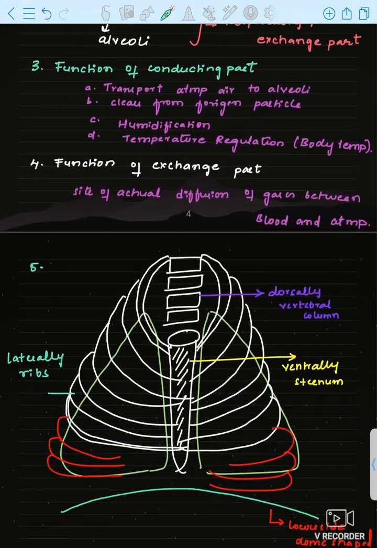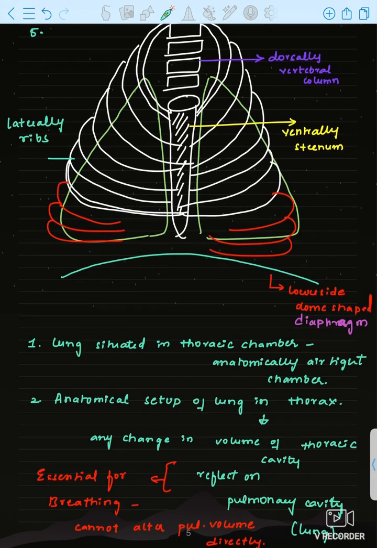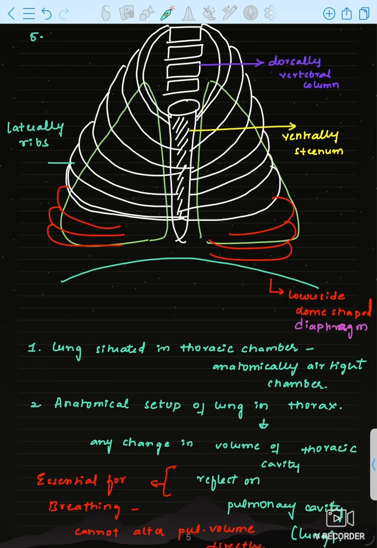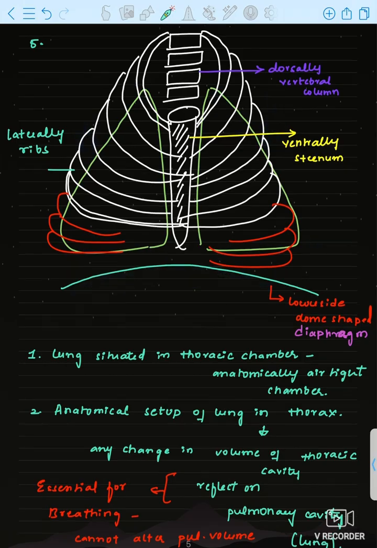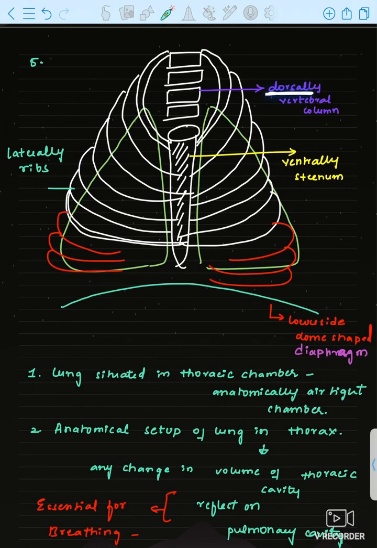So this is about the introduction, and here also something is there about where the lungs are situated. Okay, lungs are surrounded completely by different types of structures, from back side, from front side, from sideways, and from downward also. Backward means dorsally, by the vertebral column.